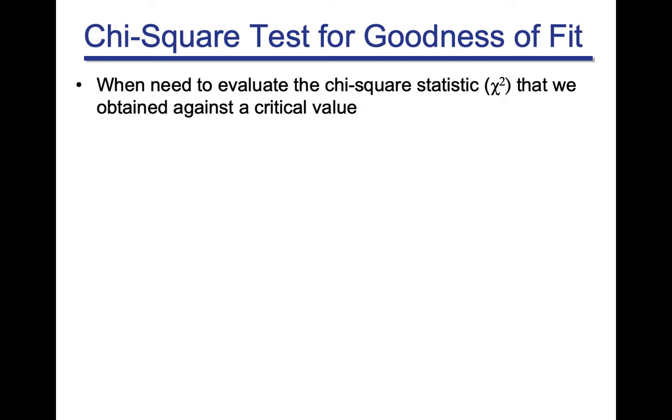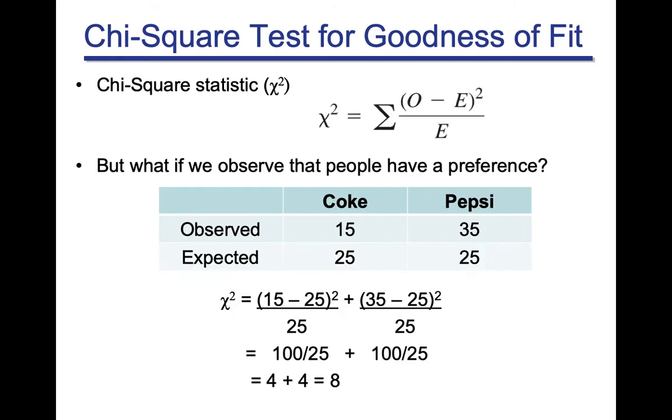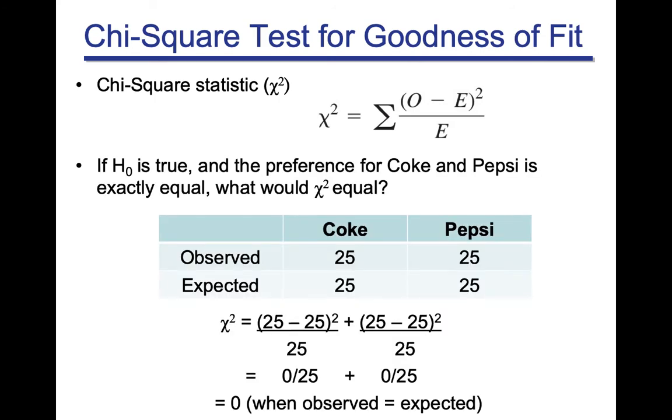and those differences could simply be due to chance. For instance, let's go back to this example: what if we had 26 people prefer Pepsi and 24 people prefer Coke? We would get a chi-square that is not 0, but we would say that doesn't look like there's much of a preference there. So even though our chi-square is not 0, that would not be sufficient evidence to rule out the null hypothesis.